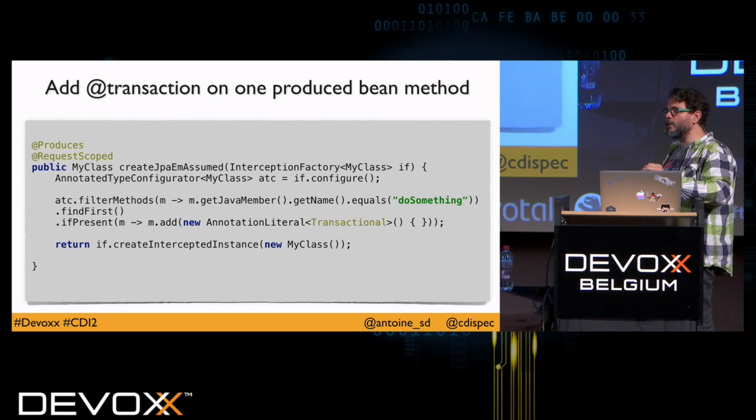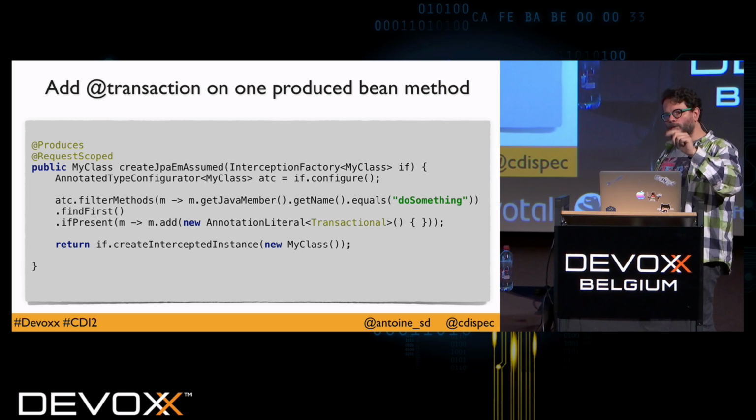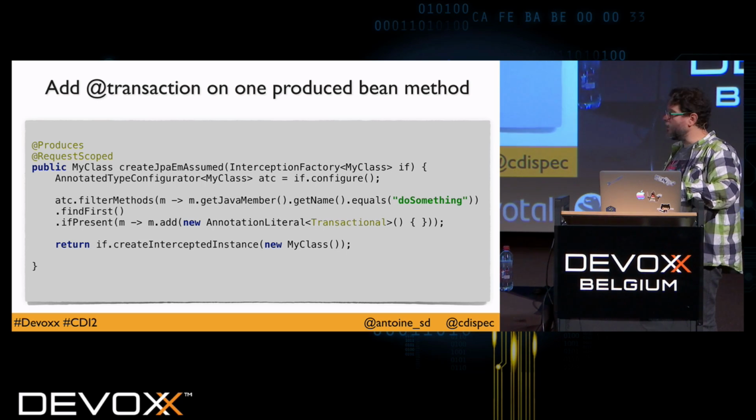But there will be a transaction activated only on the doSomething method. I could have done a simpler example, applying @Transactional on the whole class and having all the methods transactional. But it's to show you the fine-grained solution I have here.